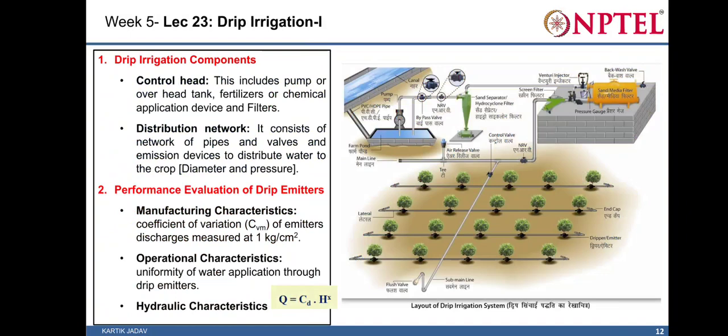Operational characteristics measure the uniformity of water application through drip emitters. And hydraulic characteristics compute discharge. Okay, so this is the entire drip irrigation system that is shown here.